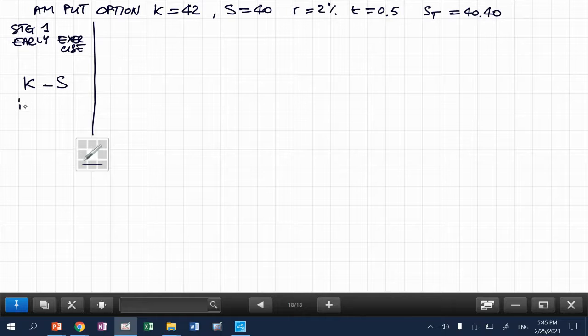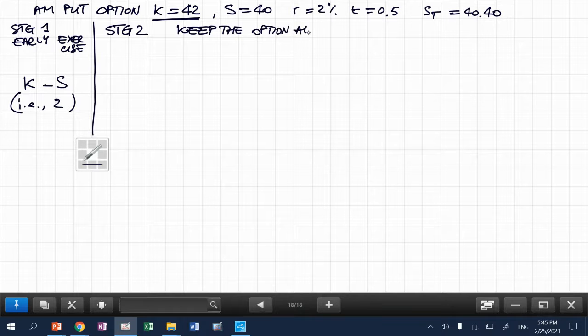In this numerical example, again, it would be 2 because I have a strike of 42, okay? What is going to be the second strategy? It would be keep the option alive plus what? In the previous case, I was keeping the call option alive and selling forward. Here I would keep the put option alive and I would buy forward, clearly.